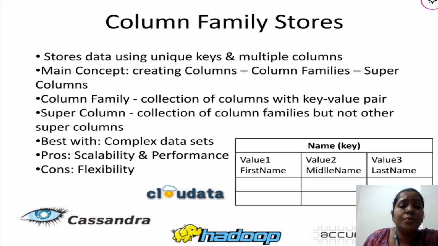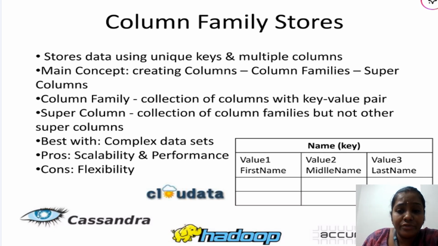This super column is a column with unique values, and not only one super column, more than one super column can also be present. A collection of column families may also have no super columns at all. The best part of column family stores is that they handle complex data sets and address scalability and performance issues also.